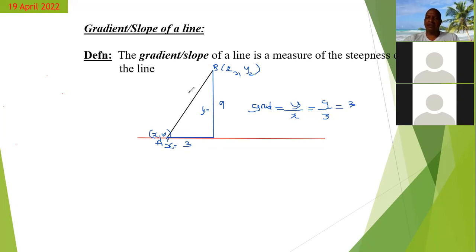And so that's how this becomes a formula. The formula works out this way: y2 minus y1, over x2 minus x1.